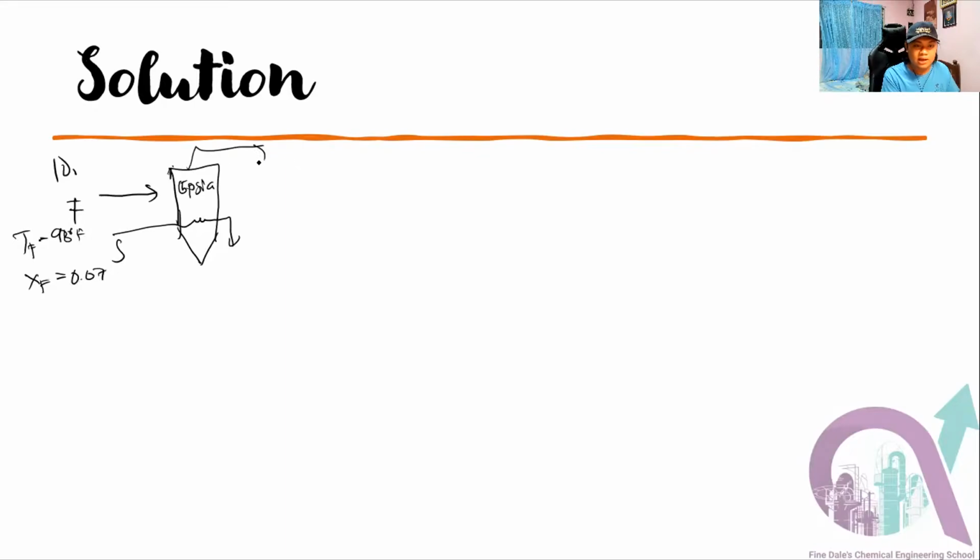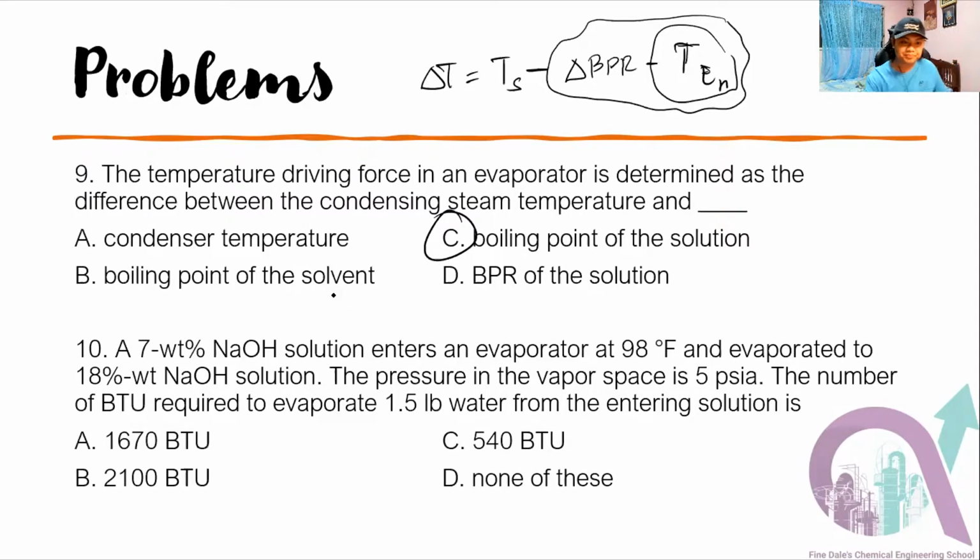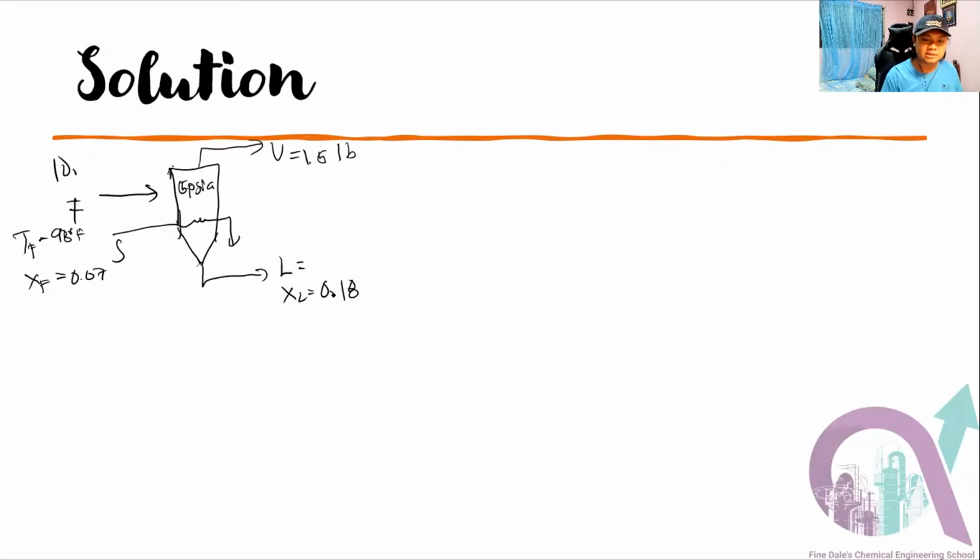Then we have our vapor here, which is 1.5 pound. And you have your thick liquor, don't know yet, but we are concentrating it to 18%. Diba? 7 to 18% of concentration.